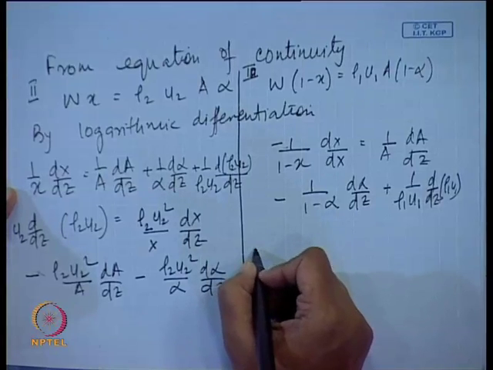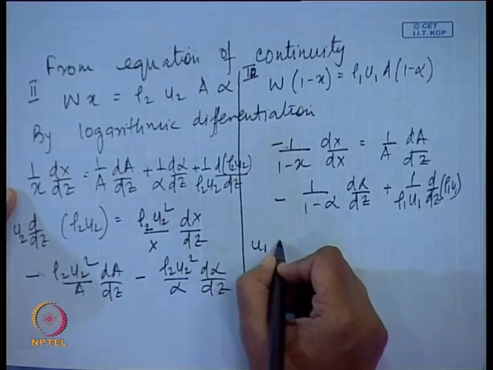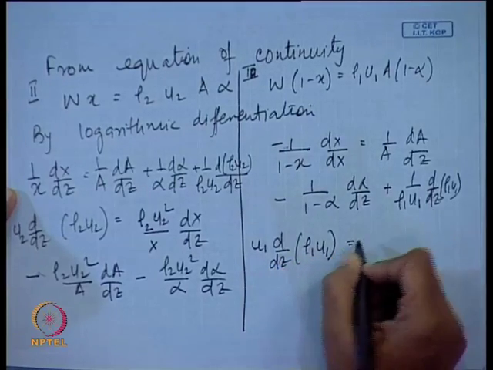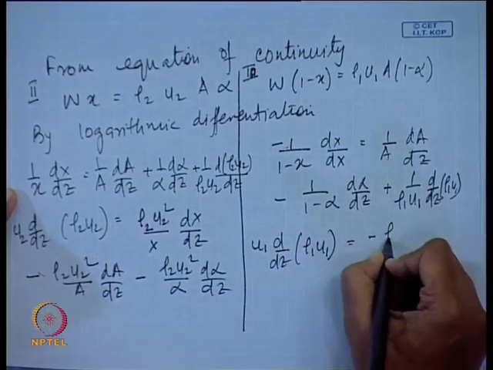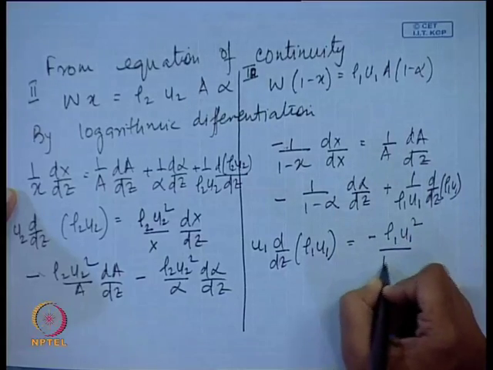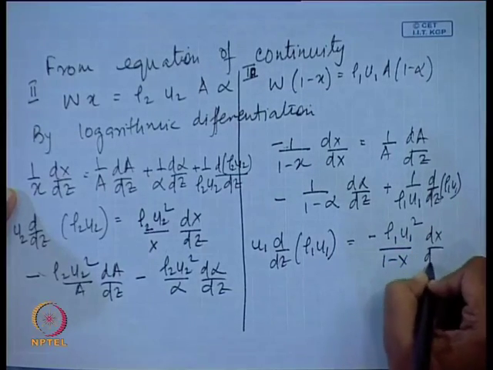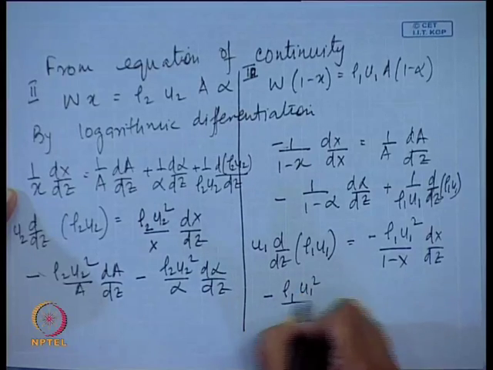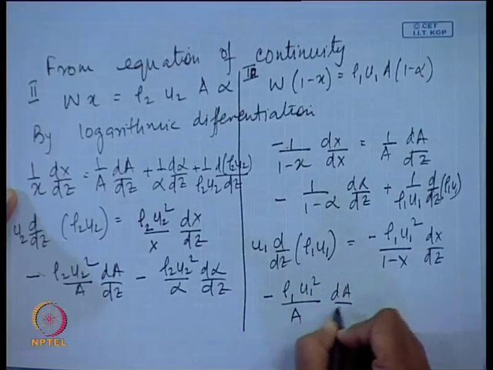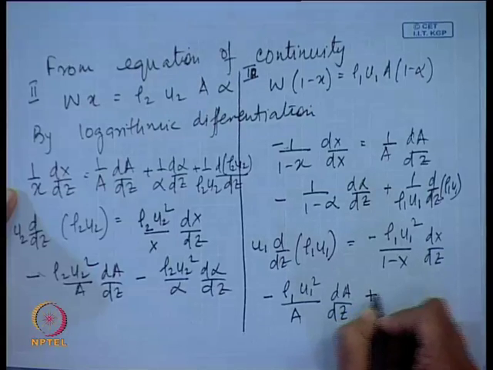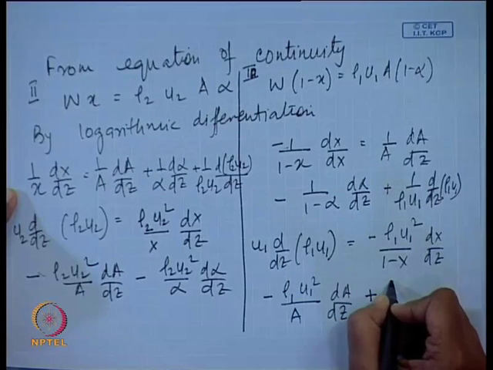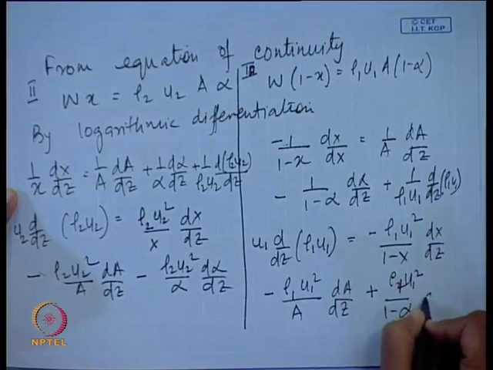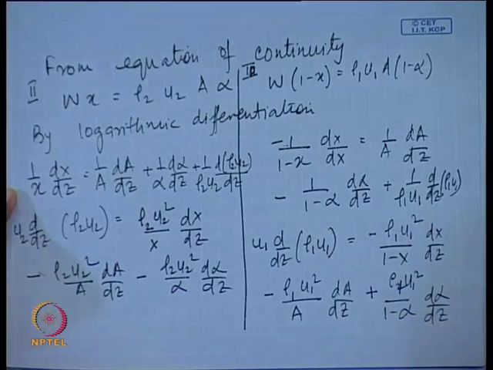So in this particular case also, if we write u1 d dz of rho 1 u1, we would get minus rho 1 u1 square by 1 minus x dx dz. Again here minus rho 1 u1 square by A dA dz. In this case plus rho 1 u1 square by 1 minus alpha d alpha dz, right.